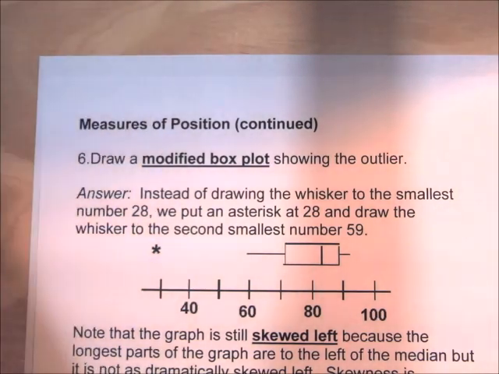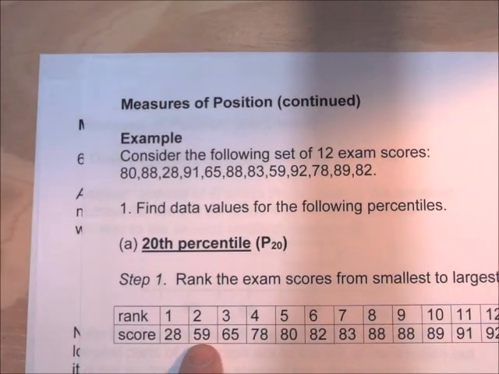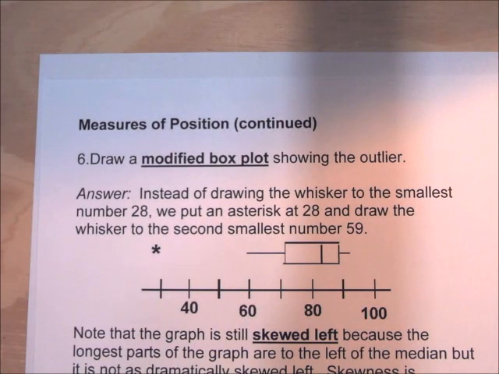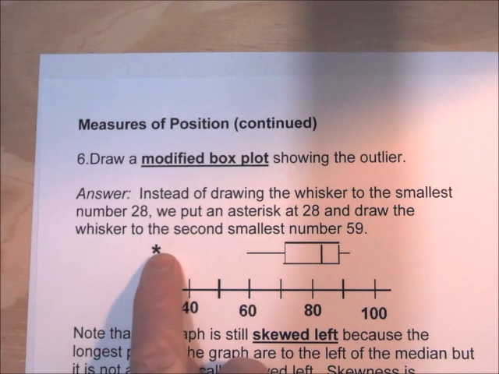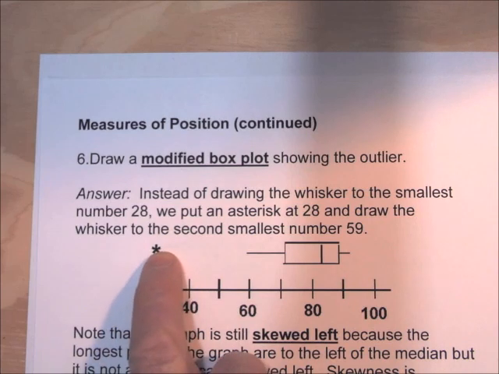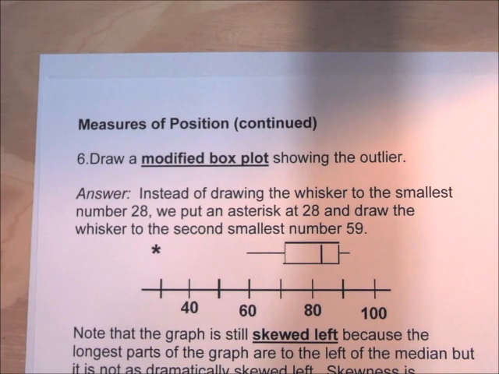So take a look at our data again here. The lowest exam score that's not an outlier would be 59, and the highest exam score is 92. That's not an outlier. So the whisker goes down to 59 instead of going on to 28, and then we put a little asterisk, or sometimes they put a little O there to indicate an outlier. So that's called a modified box plot.